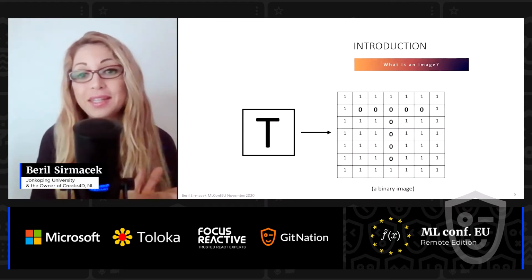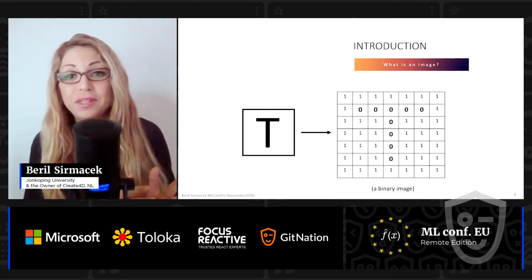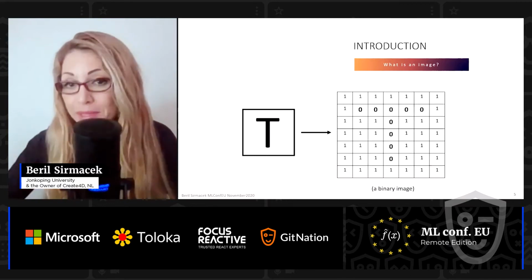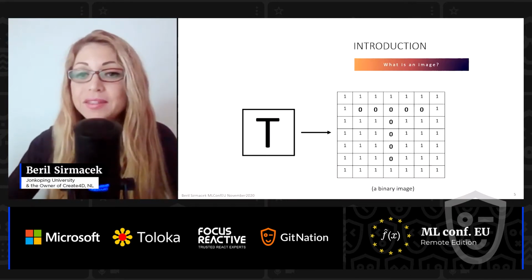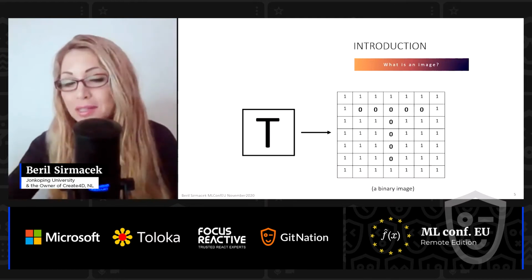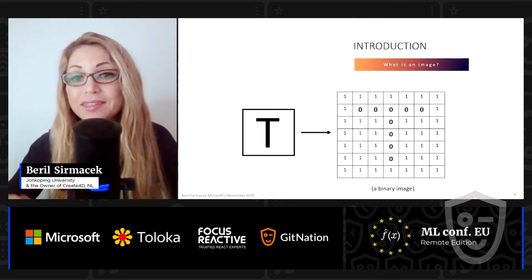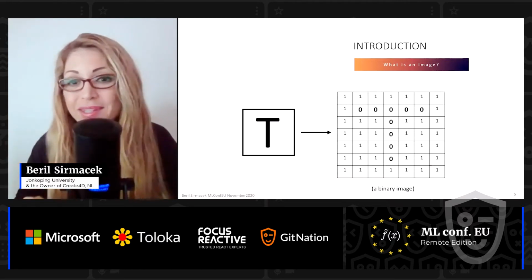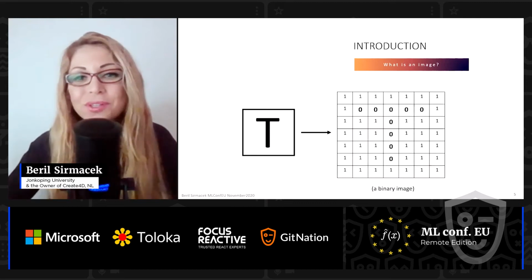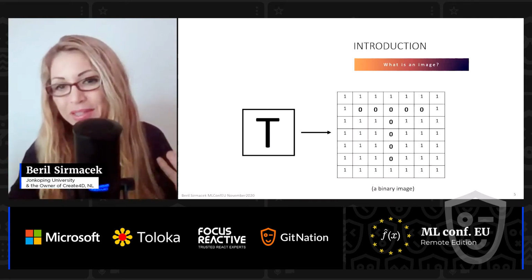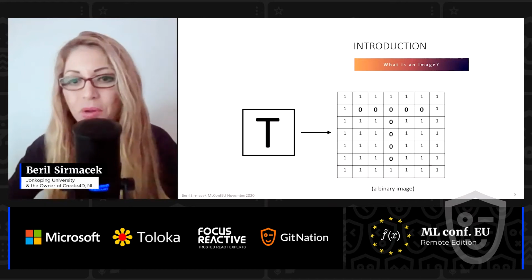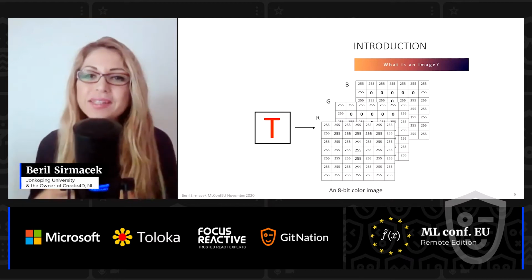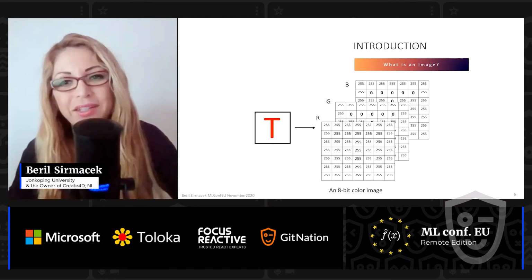If we see a picture with a T within it, let's say, we can represent this T as an image by putting 1 when it's bright and 0 when it's dark. Now we've got the T represented as a digital image. When the numbers are only 0 and 1, of course, this matrix is a binary matrix. It's called a binary image. But normally, when our smartphones take a picture, we get RGB, red, green, blue color images.